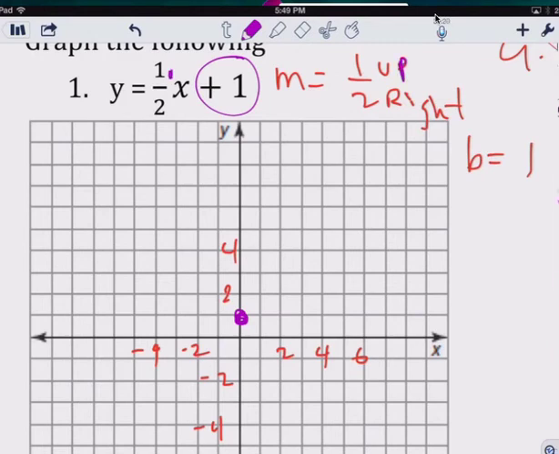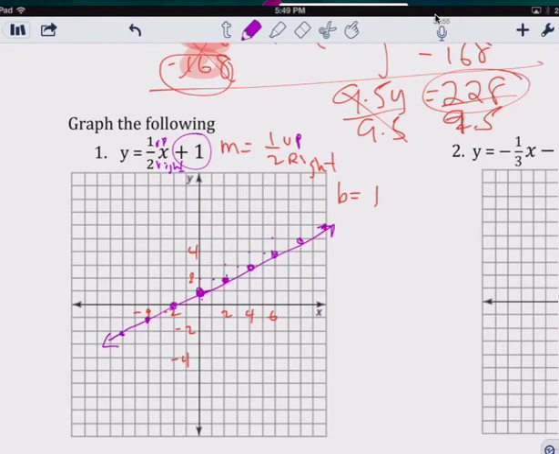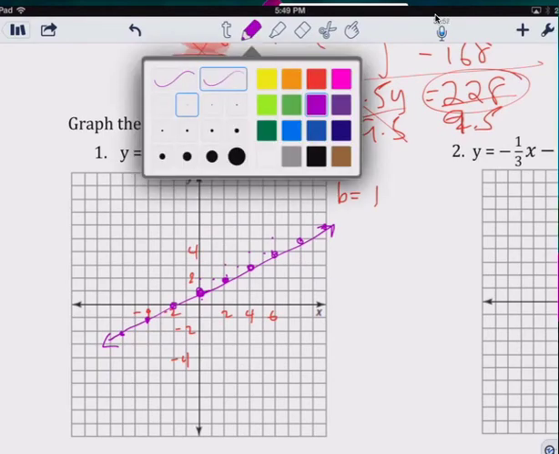The slope is up 1, right 2. Up 1, right 2. Up 1, right 2. We can continue this pattern forever. That's why they put an arrow going that way, and we can continue going down 1, left 2, and get the same thing to make the line nice and long.